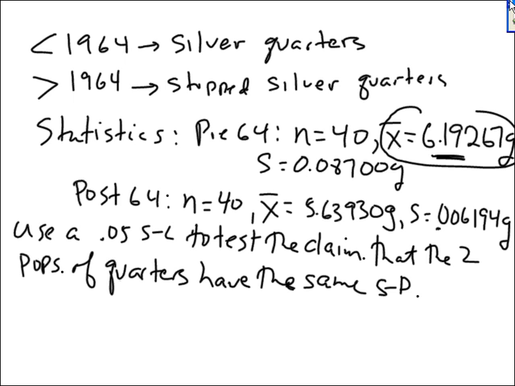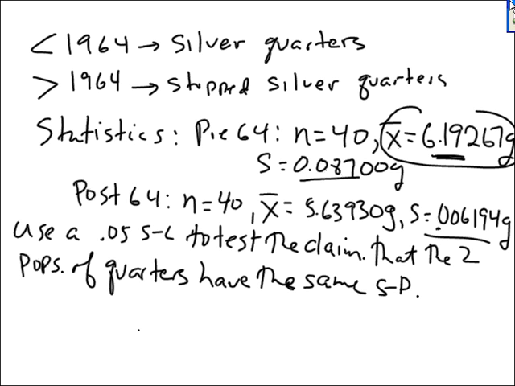On the other hand, if the new coins have a smaller standard deviation, and they do, that's good for the vending companies because they could modify their equipment to have an even smaller range.